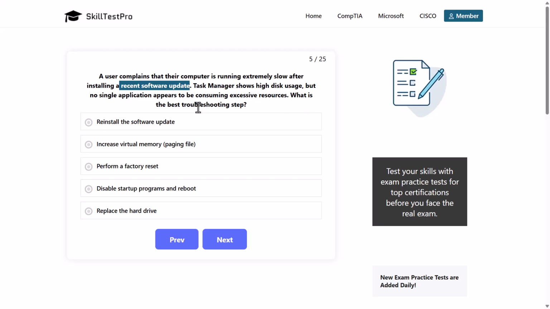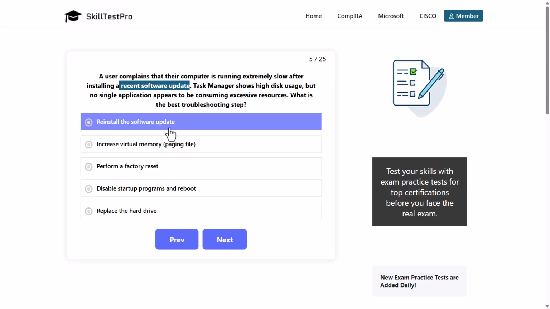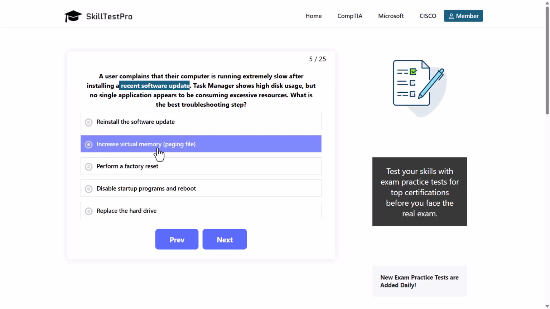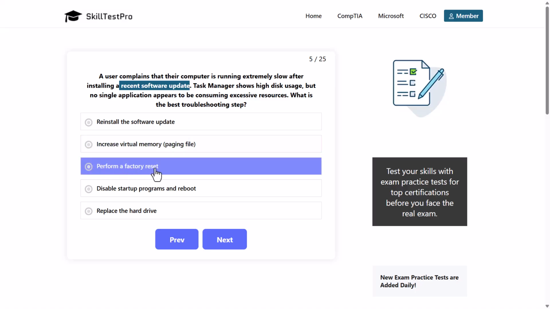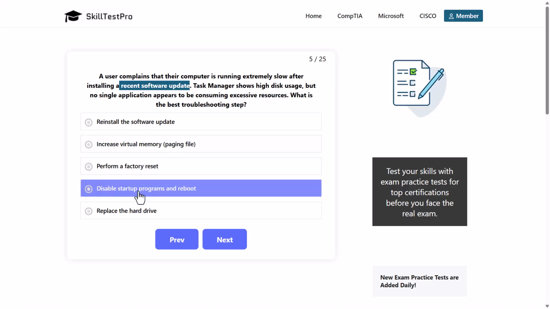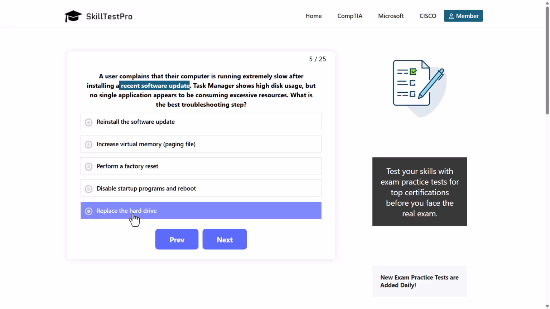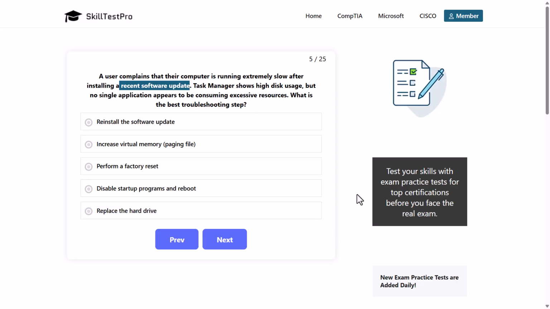What is the best troubleshooting step? Reinstall the software update, increase virtual memory (paging file), perform a factory reset, disable startup programs and reboot, or replace the hard drive. So which would be the best option to perform in this scenario?